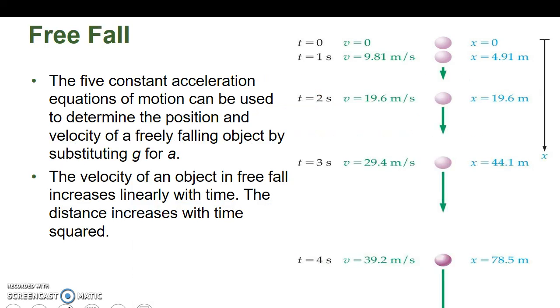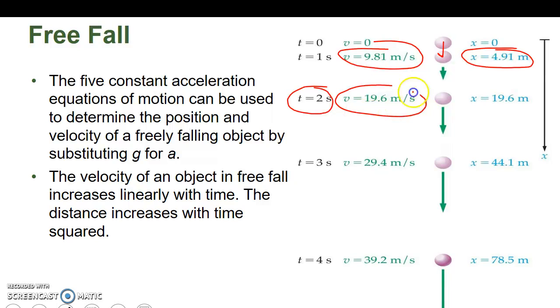So, looking at a ball dropping, after 1 second in free fall, the velocity is increased by 9.81 meters per second, and the distance has changed 4.91 meters. After 2 seconds, our velocity just doubles. So we add 9.81 to 9.8 to our initial velocity, and we get 19.6.